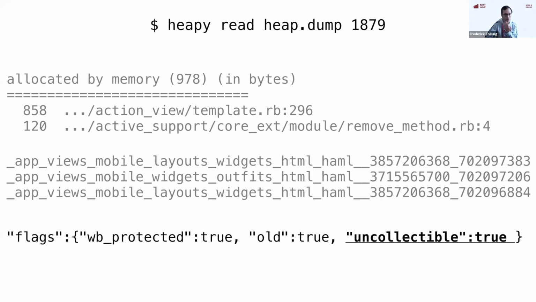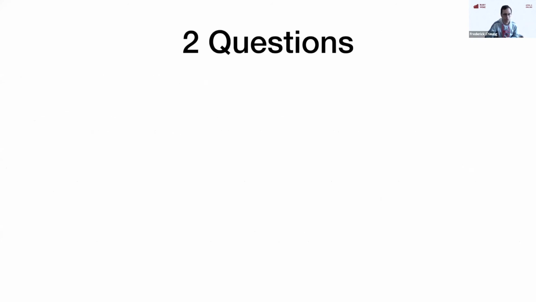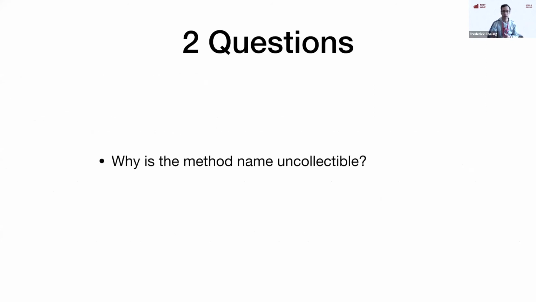So from my heap dump work, I guess I had two questions. One is, why is the method name uncollectible? And why are there so many of them? I know ActionView compiles the templates, but it's supposed to compile them once and then cache them. So I should only have as many of these weird names in my app as there are views. So, a few hundred at most, not millions and millions of them.